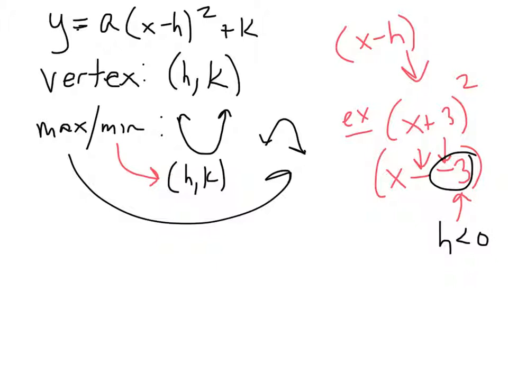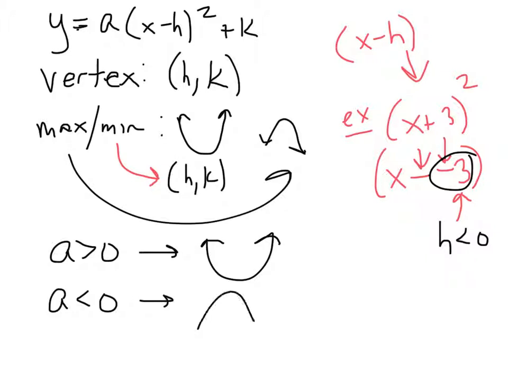Once you have your vertex, meaning your maximum or your minimum, it's easier to draw the parabola from that. If you want just a rough sketch, if your a value is positive, that means you have an upward facing parabola, and if your a value is negative, you have a downward facing parabola.